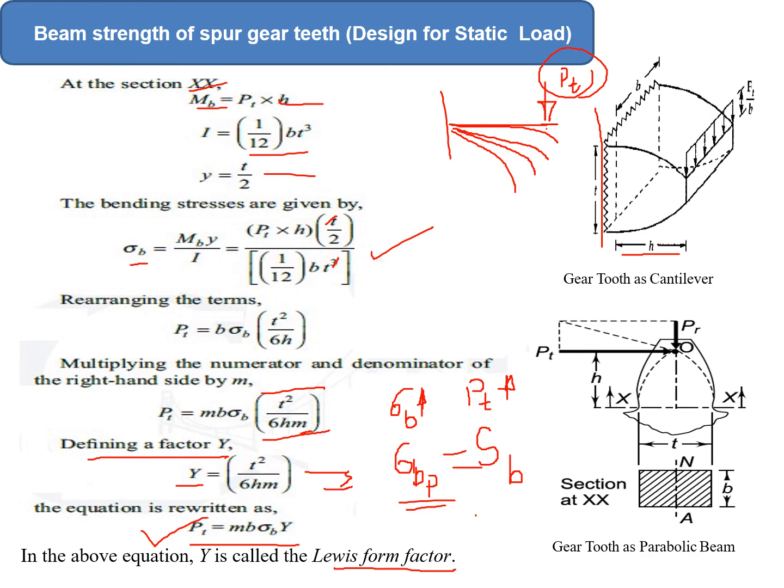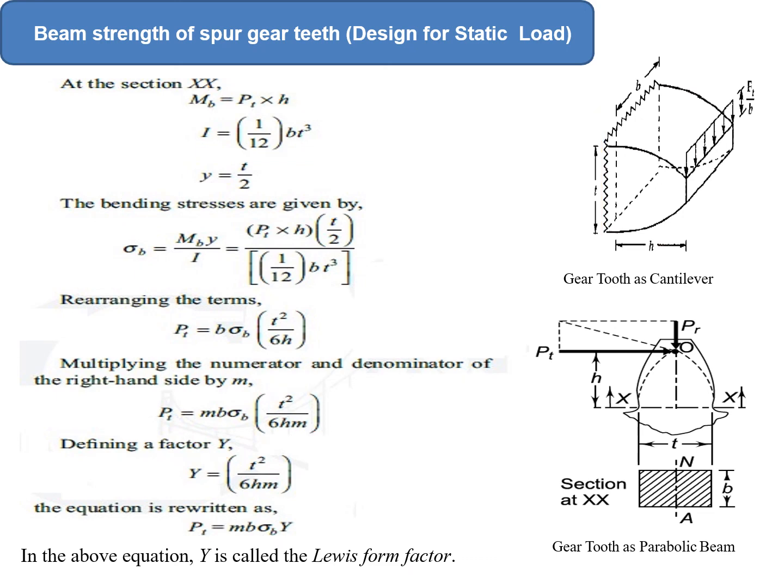So the formula for the beam strength will be SB is equal to mb sigma b Y, but here sigma b will stand for permissible bending stress, or maximum bending stress, or ultimate bending stress.